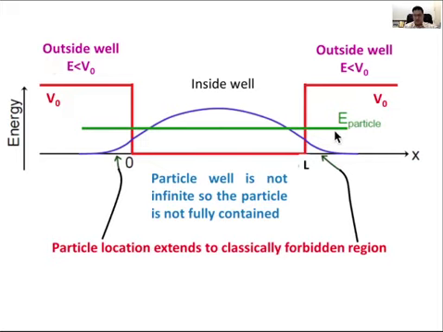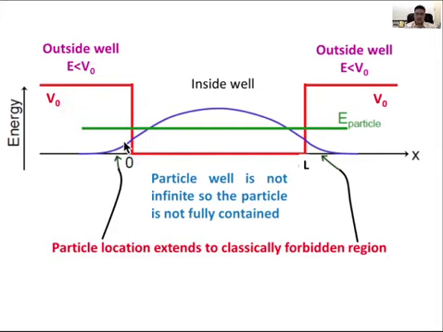My energy is smaller than the potential, as I have said, so this is my V area, and there is some finite probability of the particle being found outside the box or outside the well, because my wave function leaks out here and here. The well is not infinite, so the particle is not fully contained inside the well, and the particle location extends to the classically forbidden region. If my particle has smaller energy than this wall, then classically there is no way that the particle can come out.